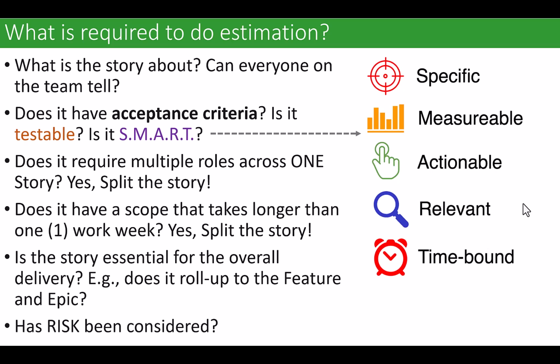And then if you have a story that has multiple roles across one story, split the story by role. And if you need to set predecessors and successors, by all means do that. And then you've got to do a shortest path analysis and decide whether or not you're going to have some of the work have to spill over into the next interval, whatever it may be.